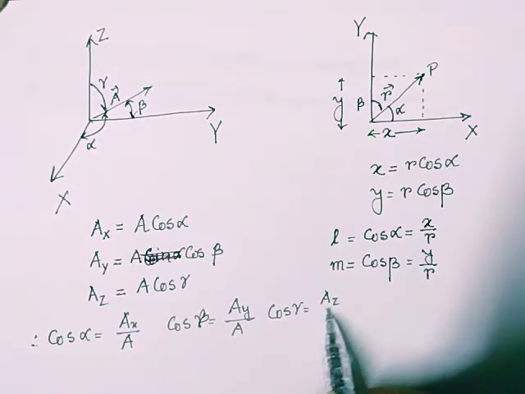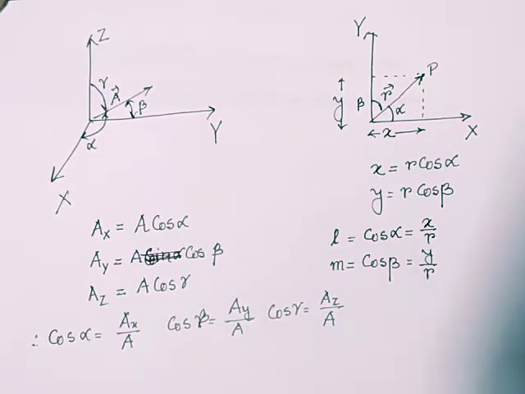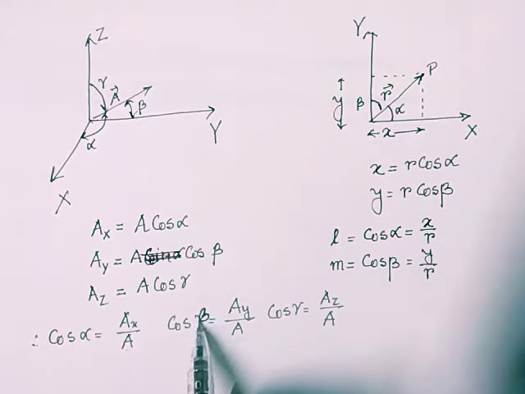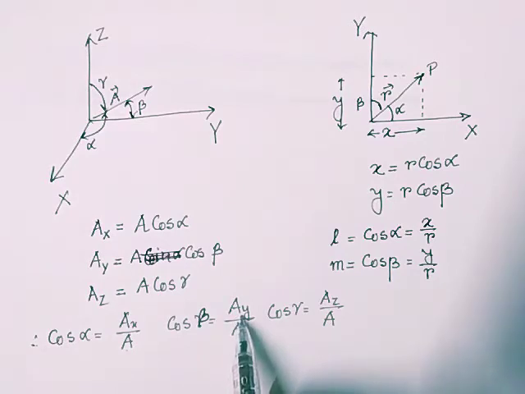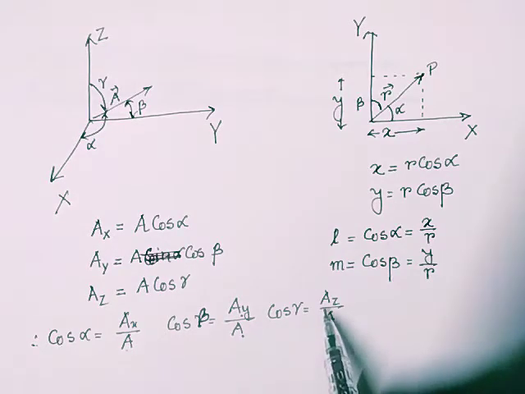It gives Az divided by A. So basically cos alpha is the x component divided by the magnitude of the A vector. Cos beta gives us the y component of the A vector divided by the magnitude of A. Cos gamma is the z component of the A vector divided by the magnitude of A.